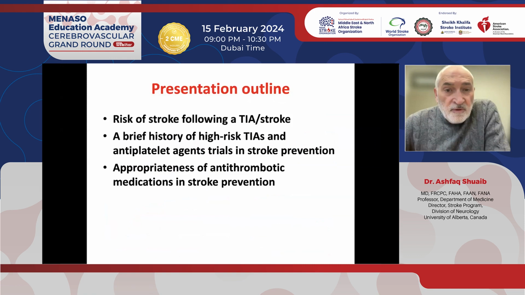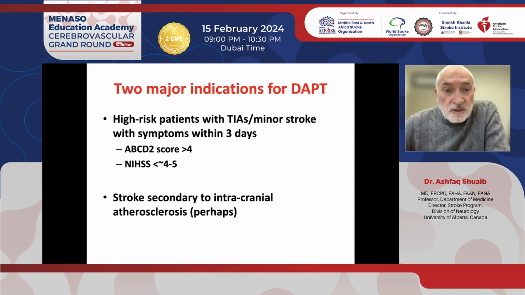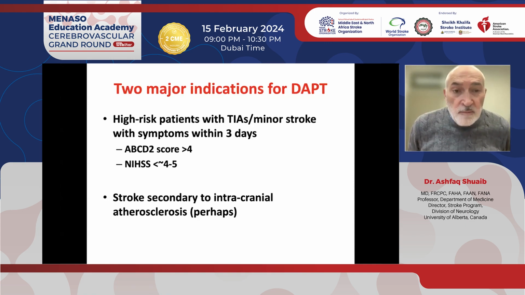And now I'm going to go into the final part of my presentation, which is how appropriately we are managing these patients. I'm going to first show you what the appropriate treatment with a single agent is, what the appropriate treatment with dual antiplatelets is, and then I'll show you the real clinical data in the real world. I'm sure we'll all agree that for dual antiplatelets, we should have patients with a high ABCD score.